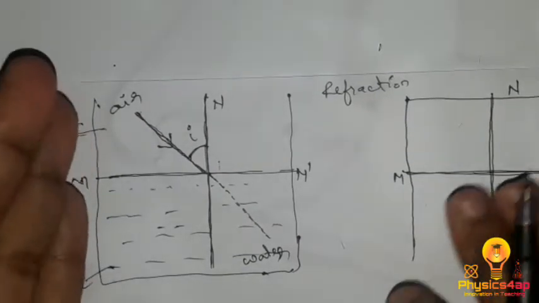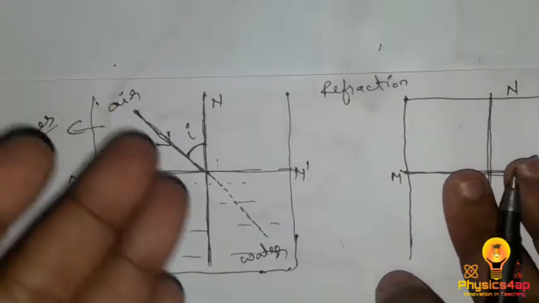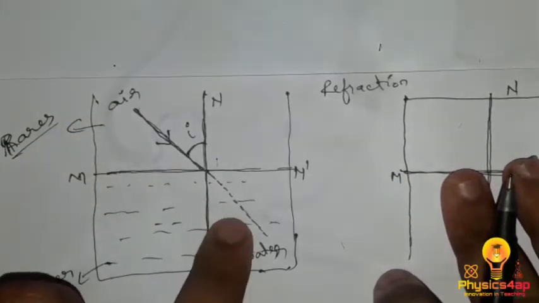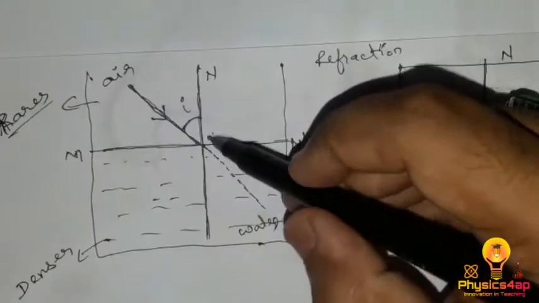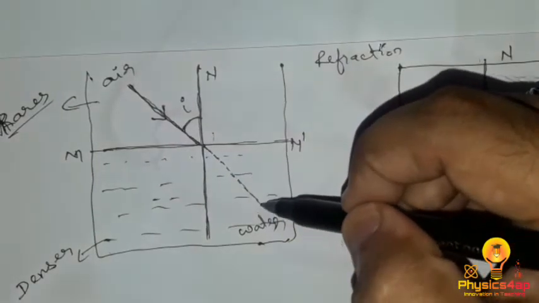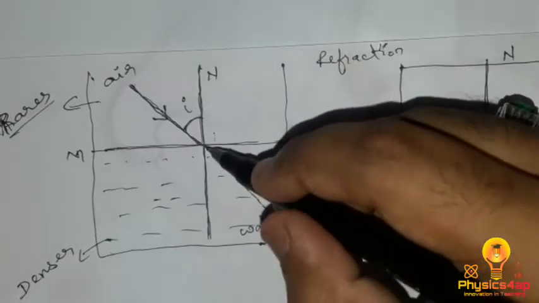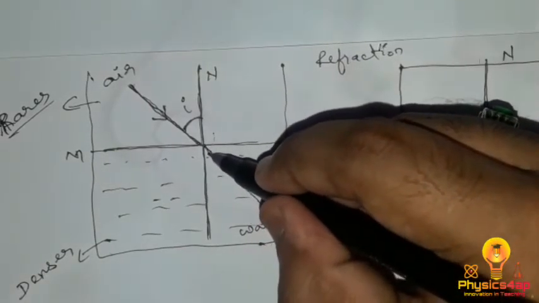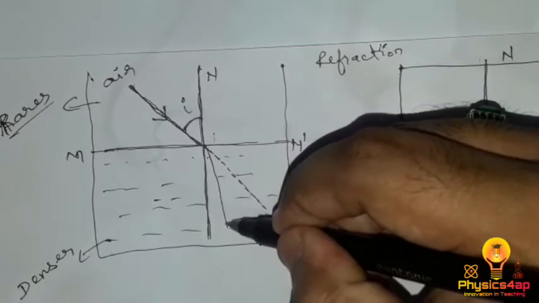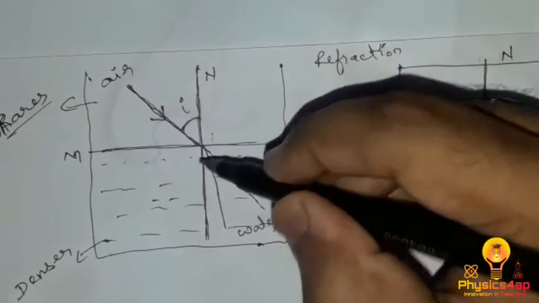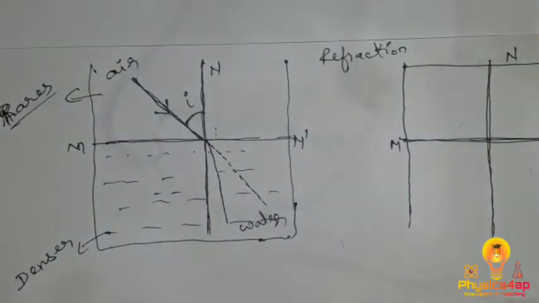When it goes from rarer medium to denser medium, the light ray bends towards the normal. The light ray should move straight like this, but due to the presence of the denser medium, it bends towards the normal like this.